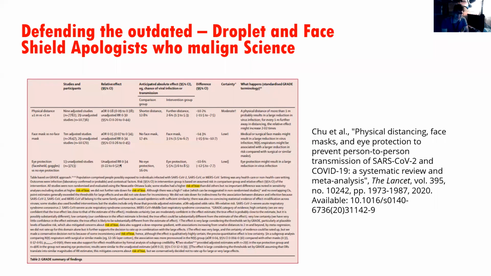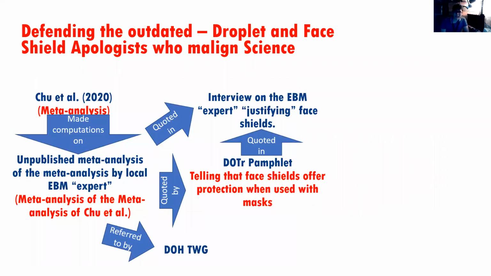That's what the supposed health experts are not communicating when talking about this research funded by the World Health Organization. What happened in the paper is quite muddled, because there's a meta-analysis, and an EBM expert here conducted a meta-analysis of the said meta-analysis, and he evaluated that there's some protection, and this was carried over to the DOTR pamphlet.